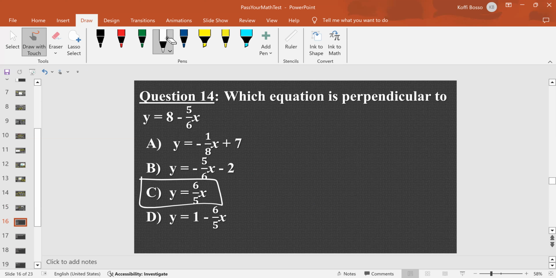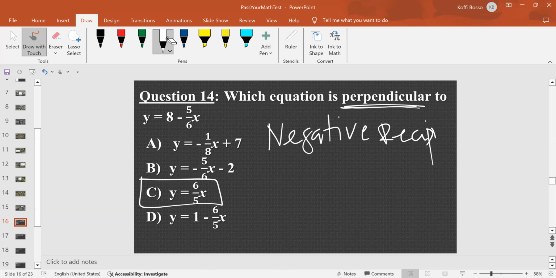They ask which equation is perpendicular, that's the keyword, perpendicular to y equals 8 minus 5 over 6x. So when two lines are perpendicular, the keyword to remember is negative reciprocal of the slope.